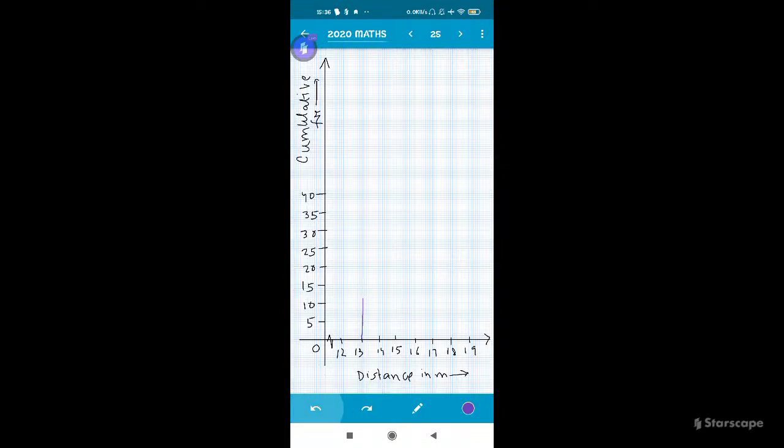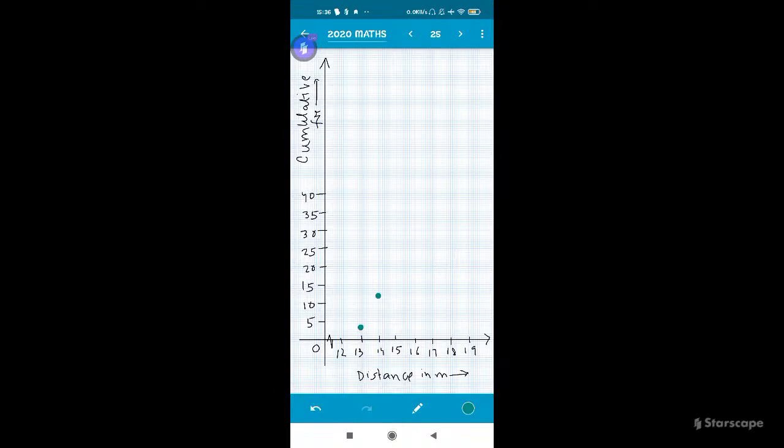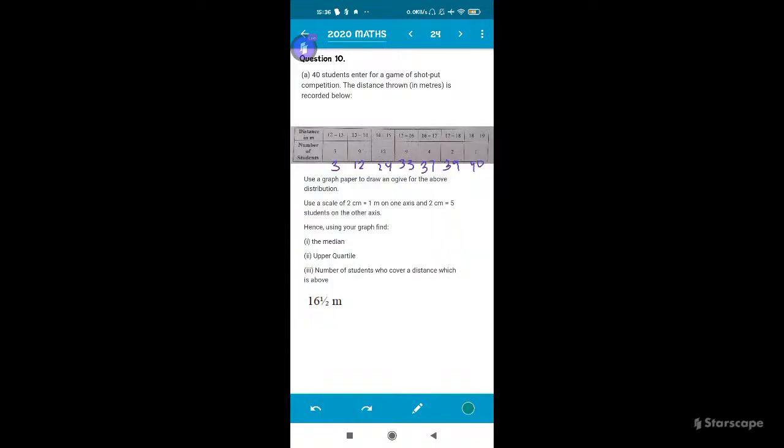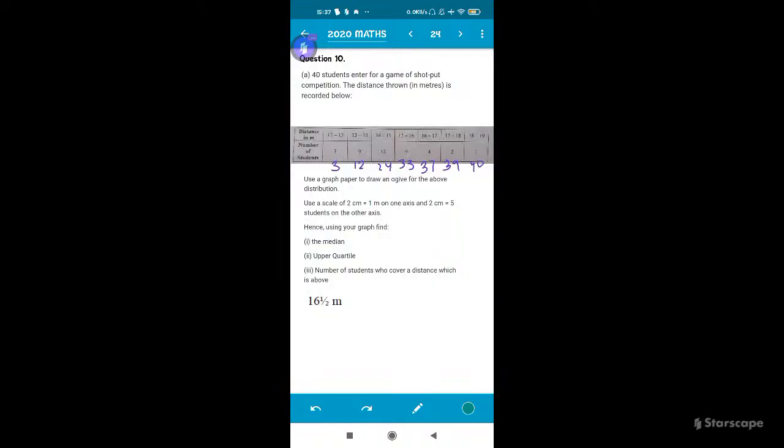Okay, not at 12. So I hope this is known to you. Value as 12, it will be somewhere here. Okay, then from 14 to 15 we have the value as 24, so here. Then we have 33. Okay, then we have 37.